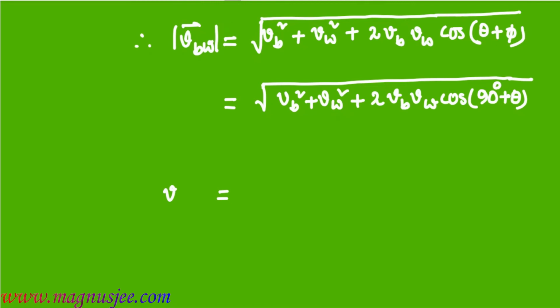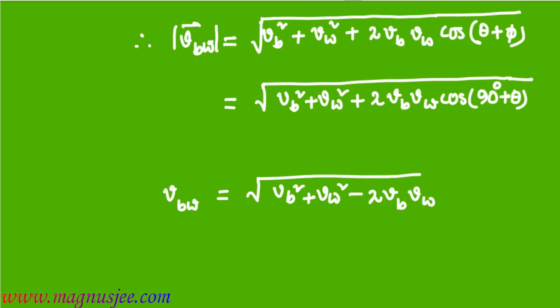Therefore, VBW equals root over VB square plus VW square minus 2 VB VW sin theta.